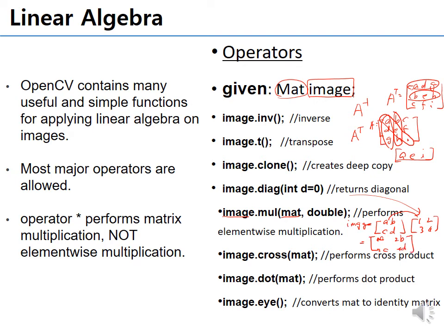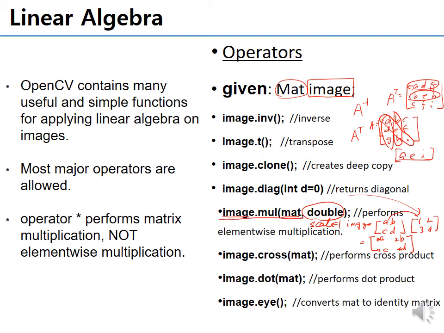So it is a piecewise element-wise multiplication. This double is an optional scale value. The default is 1, so there is no scale change, but maybe we can scale up or down by setting the number.